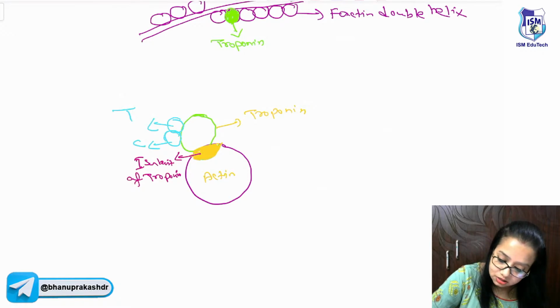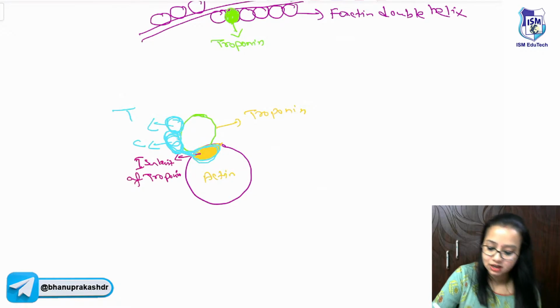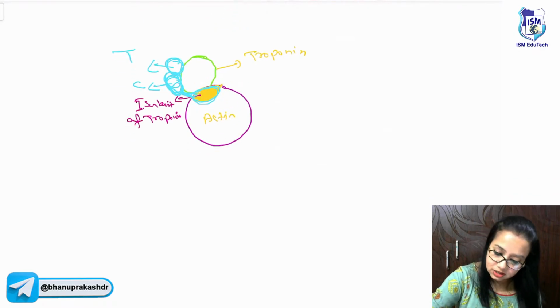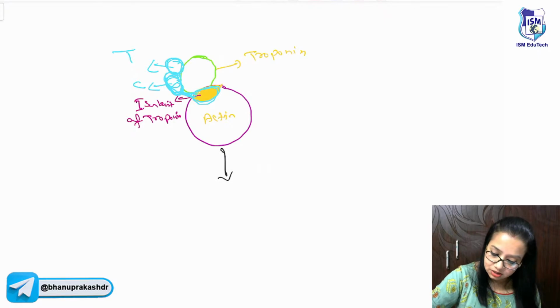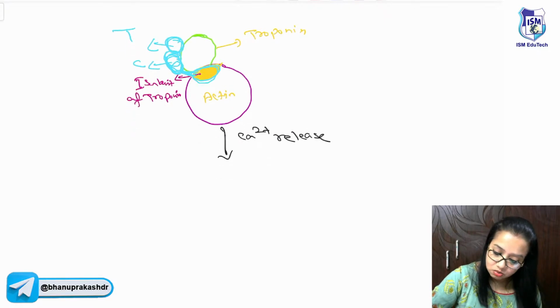Now, all these sites are in very much physical contact with each other. They are touching each other. So, upon release of calcium into the sarcoplasm, what will happen?